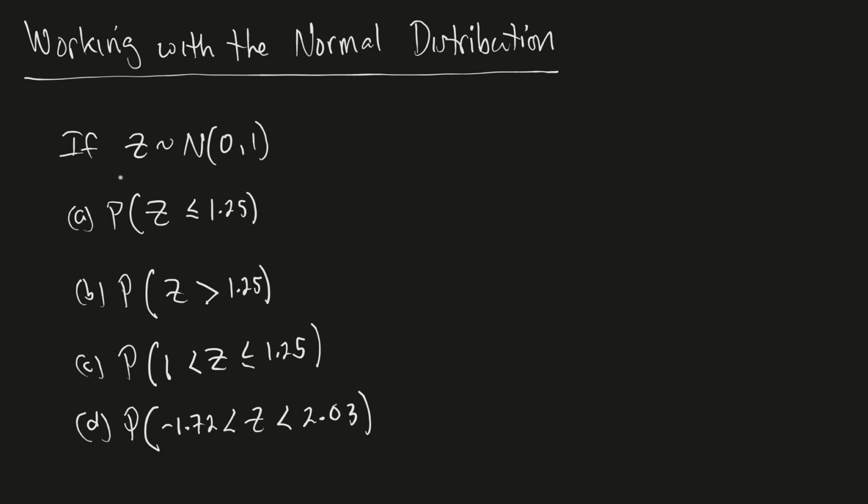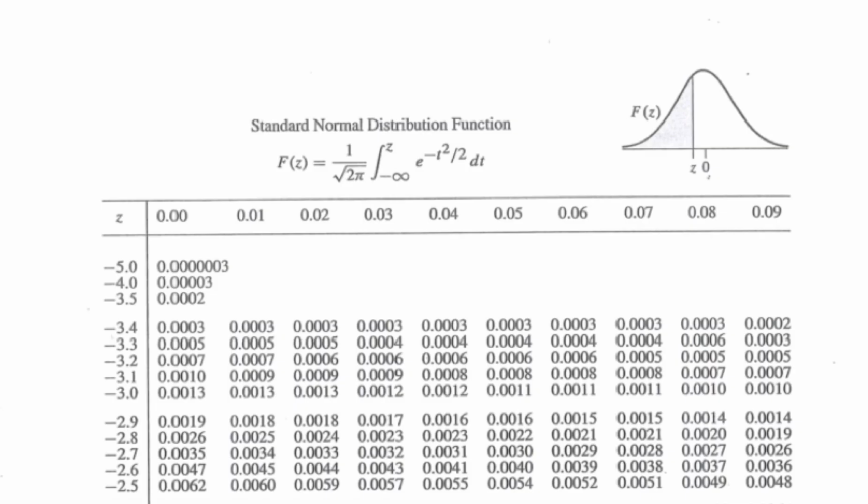So I'm going to switch over to another window and see if this works. Oh, there we go. We should see a table now. This table actually consists of two pages. The first page has negative z values, starting at negative 5.0.